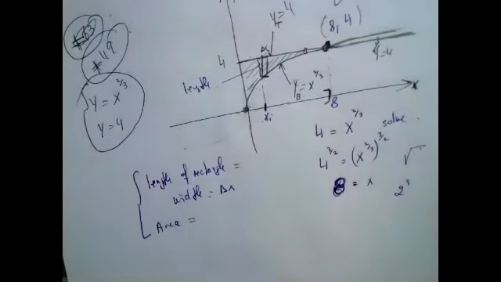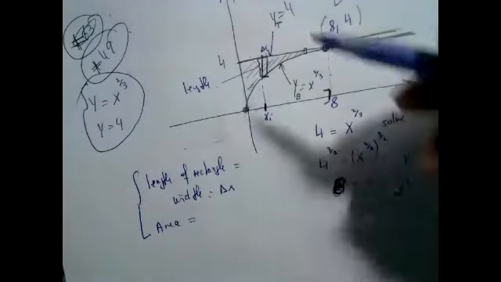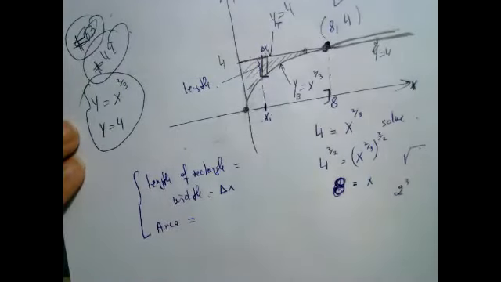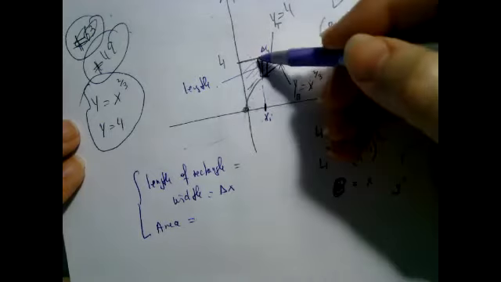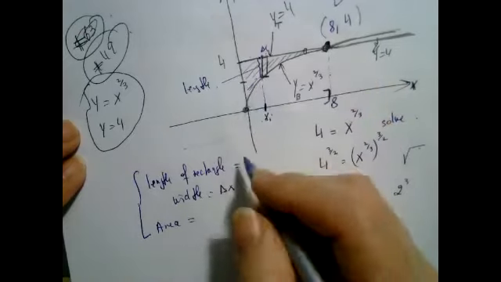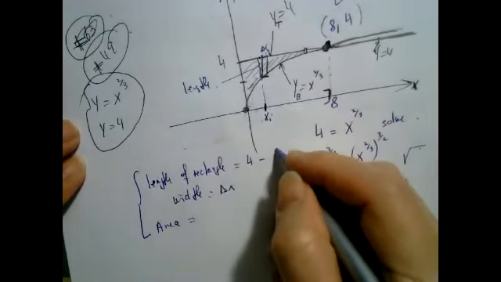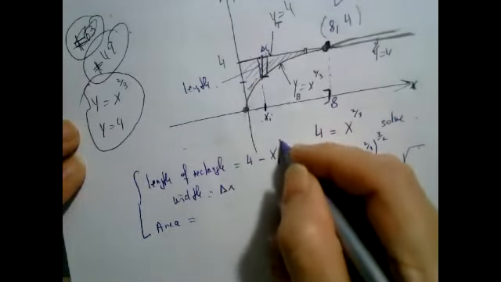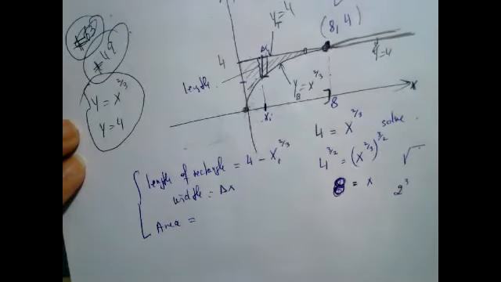Okay, so what's the length of my typical rectangle? I'll ask another student, please. Eric Shelton. You guys have to stay with me. What's the length? Means how much do I have from here to here? Wouldn't it be 4 minus x to the power of 2/3? Absolutely correct. That's the length.